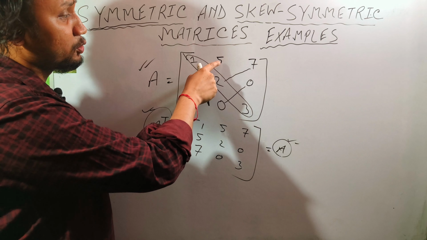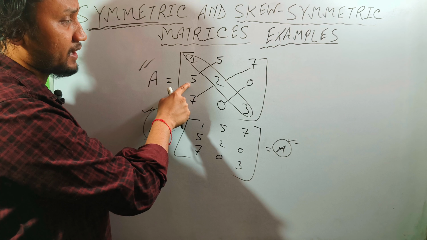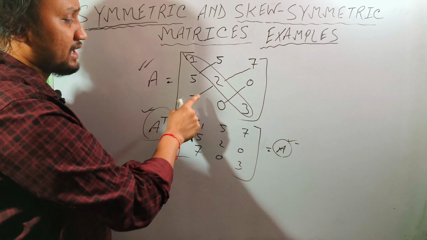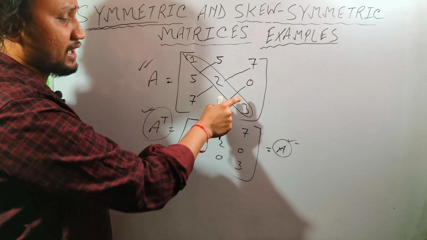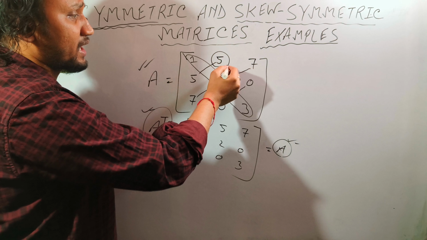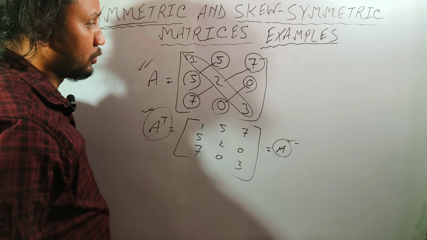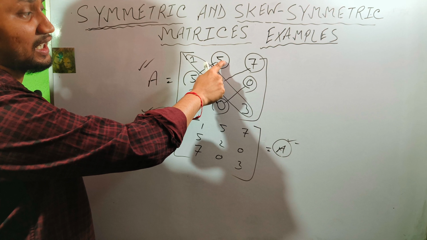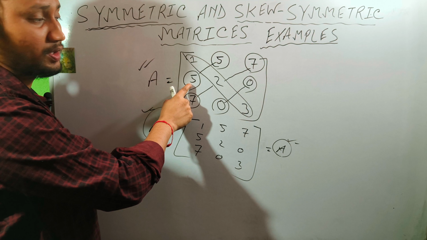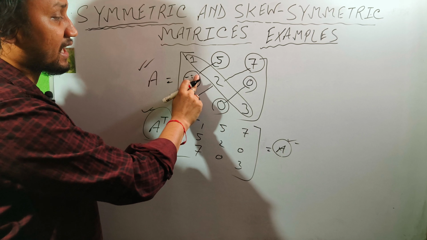Then if you take 5 here, then also take 5 here. 7, then here also take 7; 0, then here also take 0. No matter what elements you are choosing, but you have to be careful that if you select 5 here, then also select 5 here, not -5 or another element.